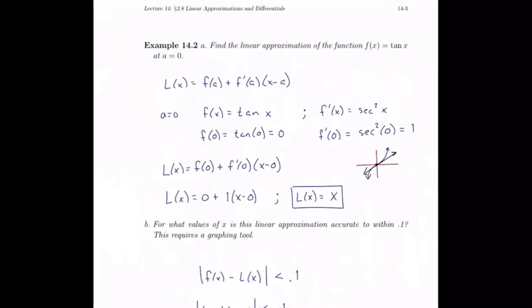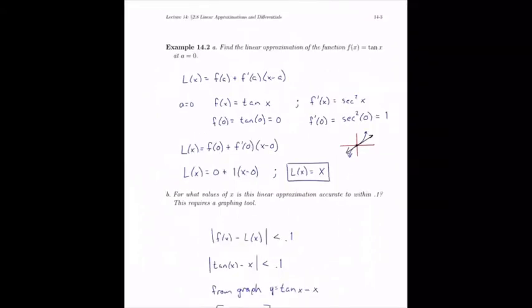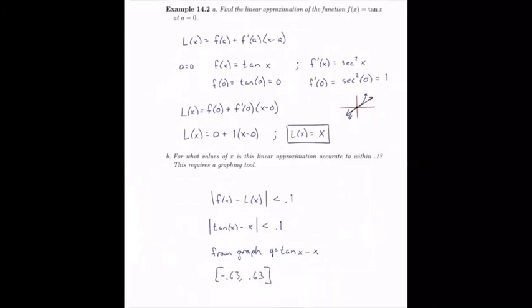I guess now the other question we could ask is, how do we know the accuracy of such an approximation? So in other words, let's look at question B here. It says, for what values of x is this linear approximation accurate to within 0.1? In other words, our error is no more than 0.1. So our approximation is off by no further than 0.1.